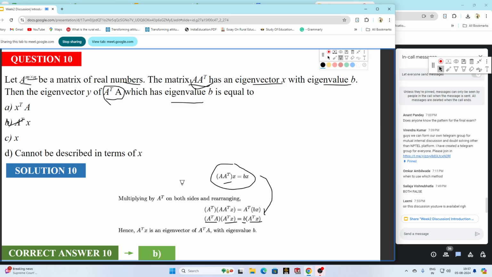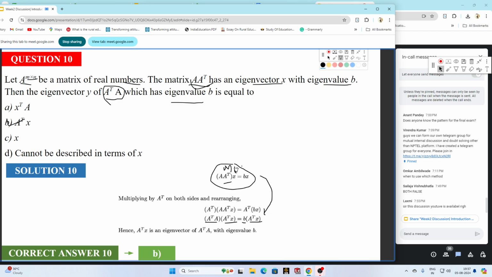So how will we solve it? We know that matrix times eigenvector is equal to eigenvalue times eigenvector. This is the matrix, this is the vector.